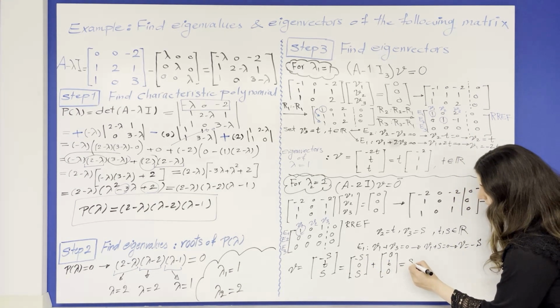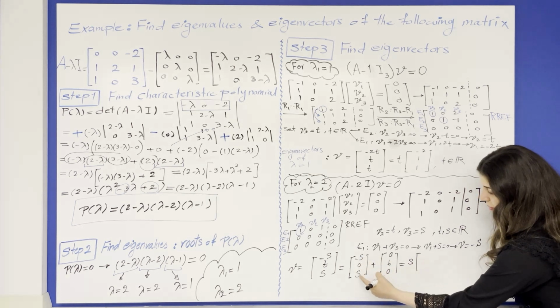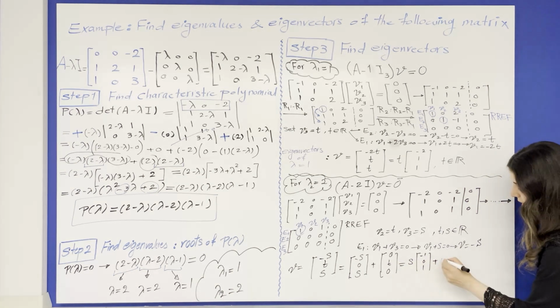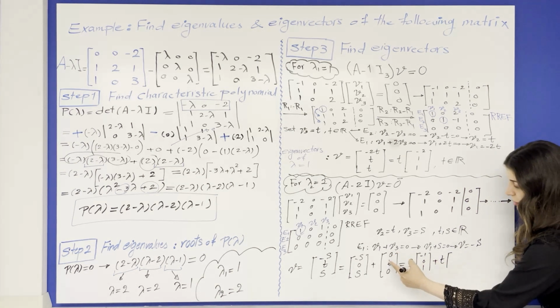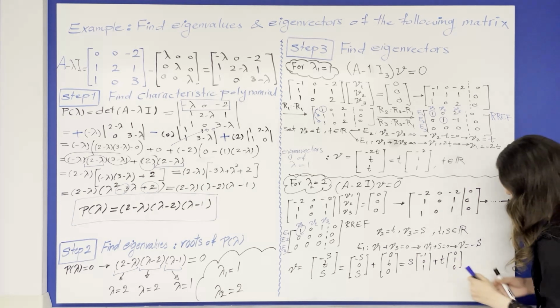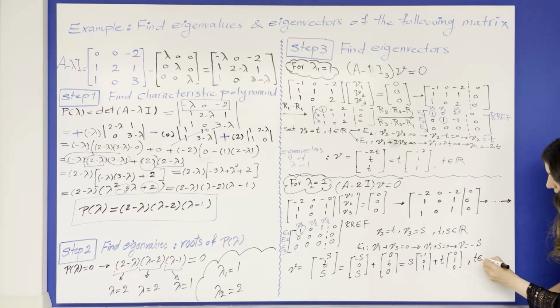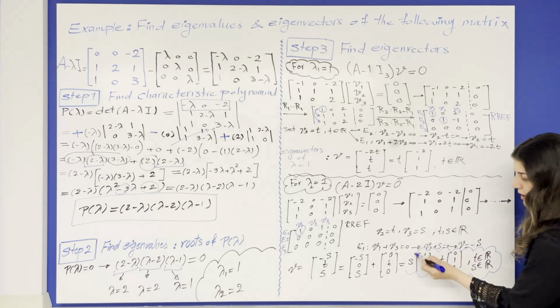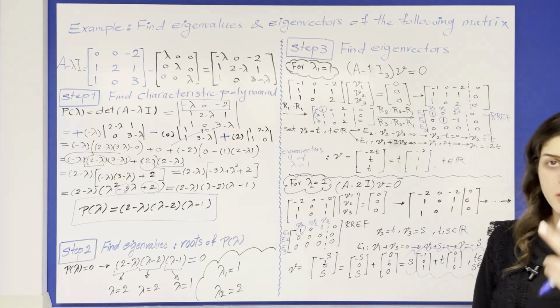So I get S times -1, 0, 1, plus, factoring out T from the second vector, T times 0, 1, 0. There we go. This gives me the eigenvectors corresponding to eigenvalue 2.